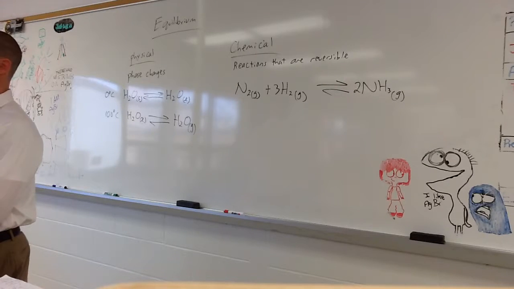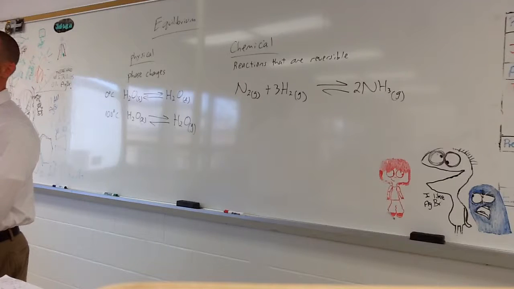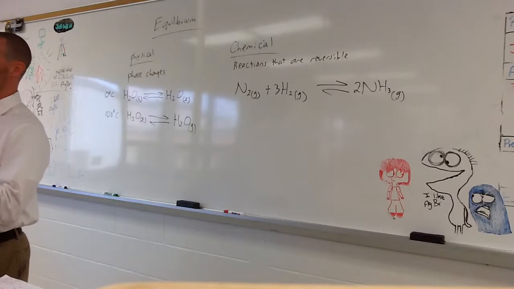It was just before break, a week before break. Kinetics. What was the first thing we started talking about? Rate of reactions. Everything we talked about had to do with rate of reaction. What affects the rate? The collisions. That was the gist of it.